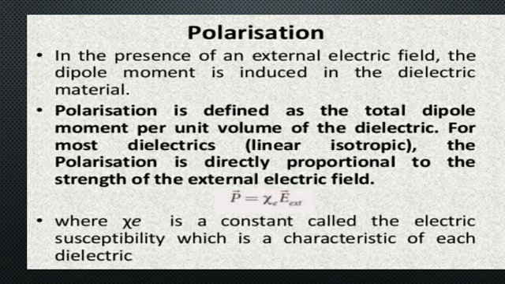Here chi E is the constant, the electric susceptibility, which depends on the type of dielectric material. To understand this, shall we go to the next slide?